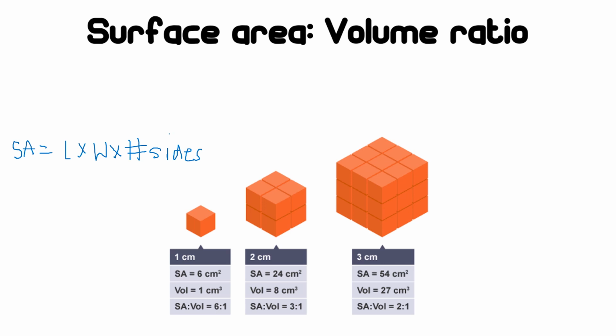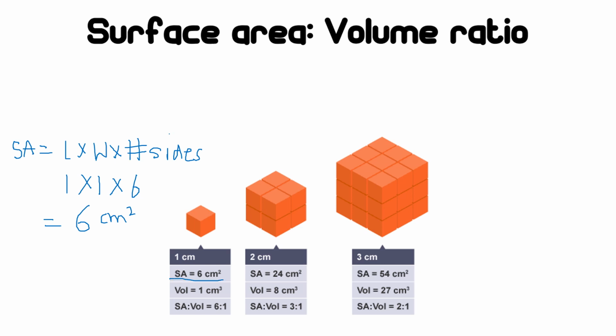So if we take this cube over here, what we're going to have is a length of 1 times a width of 1 times 6, because there's 6 faces or 6 sides, and we end up with 6 centimeters squared, which we can see here.